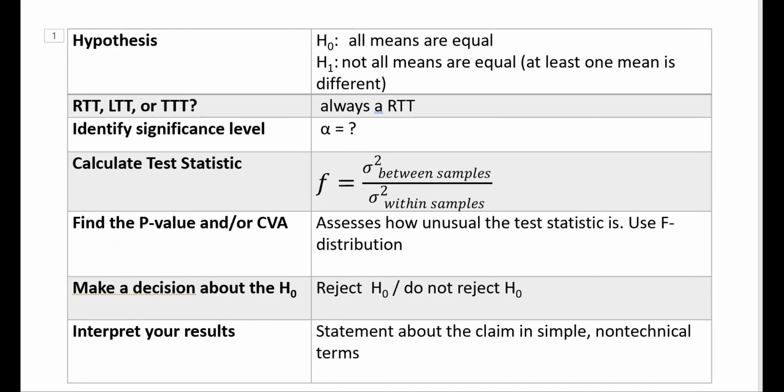Once you're done with that, you're going to look at the critical value versus the test statistic, or the p-value versus alpha. Make your decision and interpret your results.